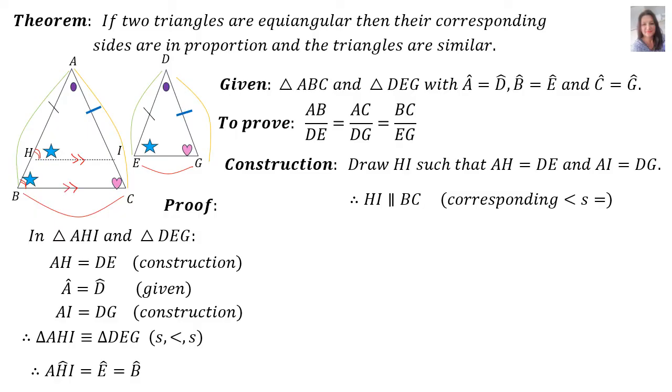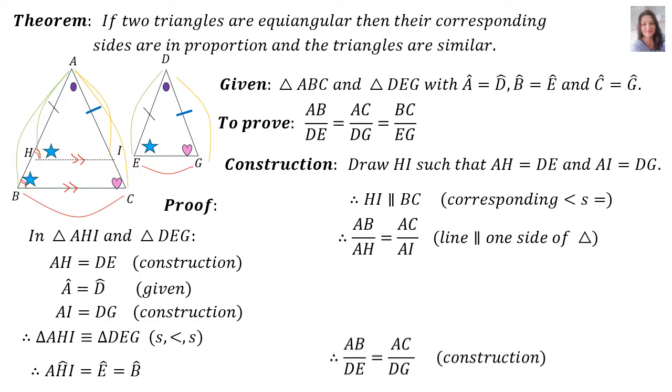Why? Because we find corresponding angles equal. And now that we know that HI is parallel to BC, we can say that AB over AH, the ratio, is equal to AC over AI. And the reason is line parallel to one side of a triangle.